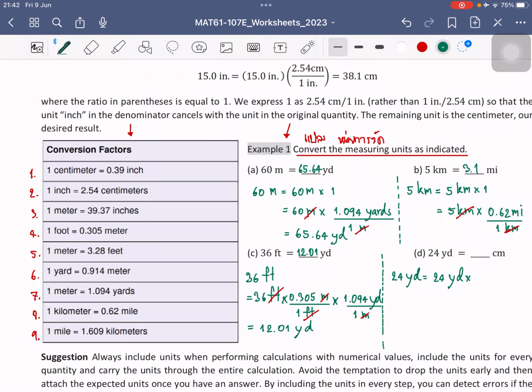We use line 6. And we will get 914 centimeter divided by 1 yard. So this is cancelled, right?